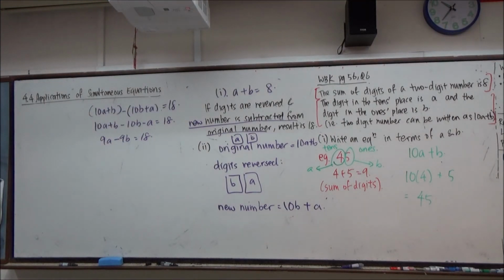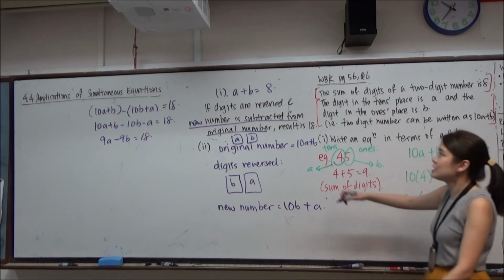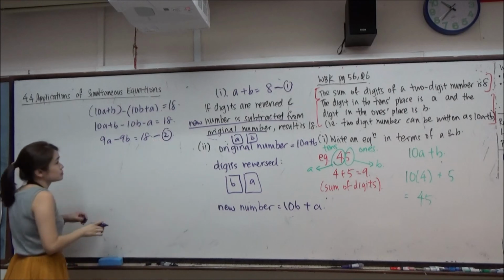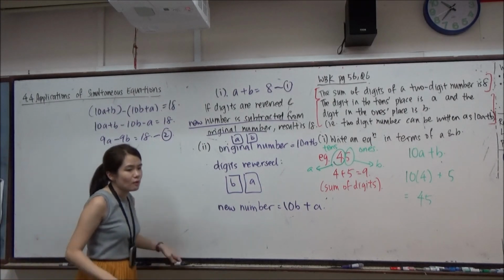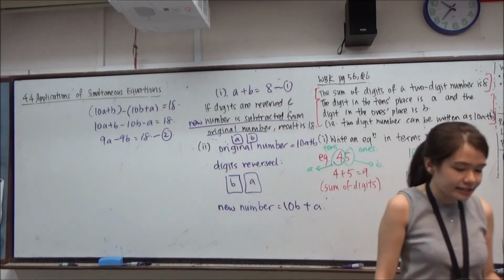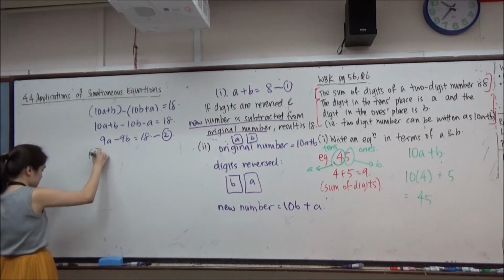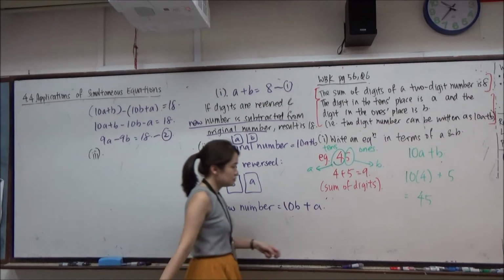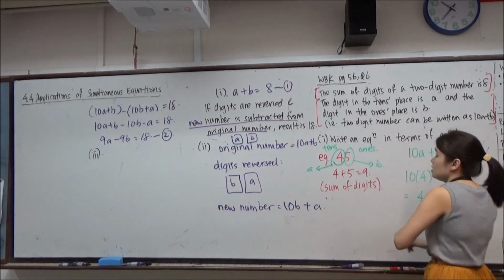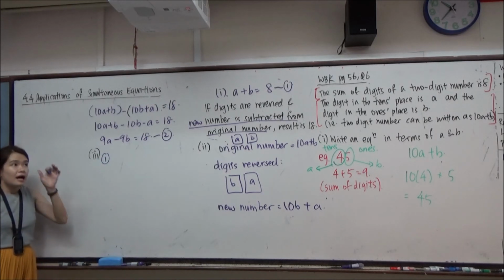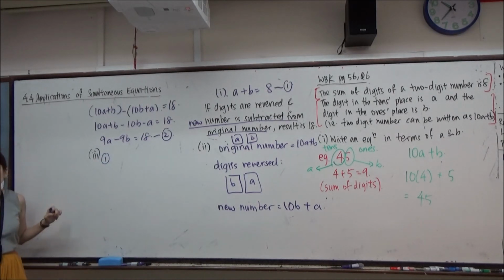Any questions? So I got my first equation already and my second equation. In part 3 we want to solve and determine the original number. If I want to do elimination, from equation 1, what will I multiply by?